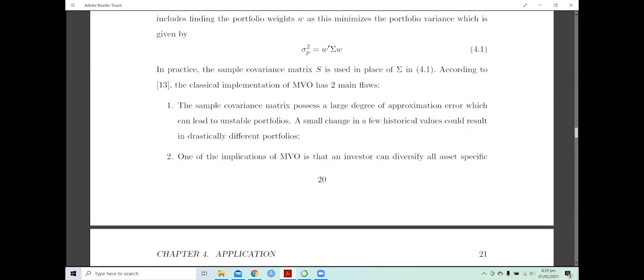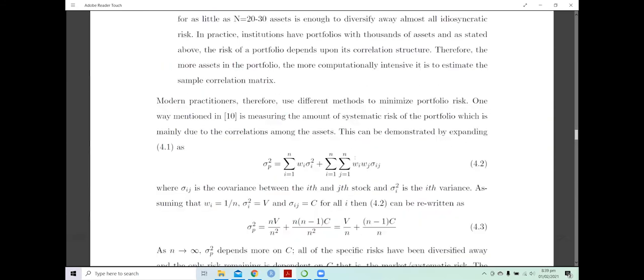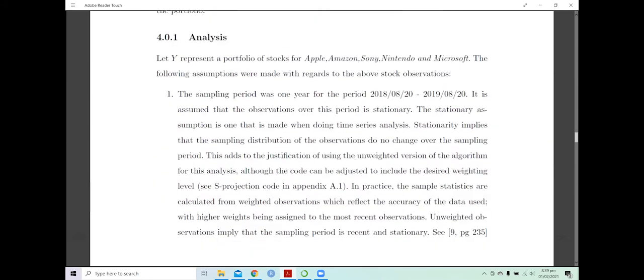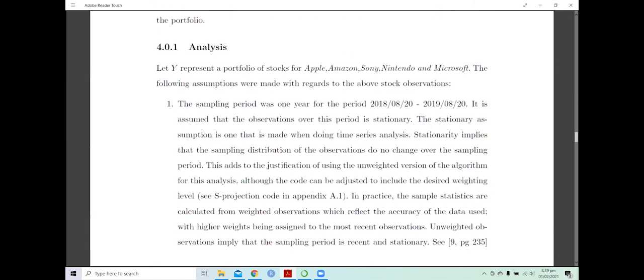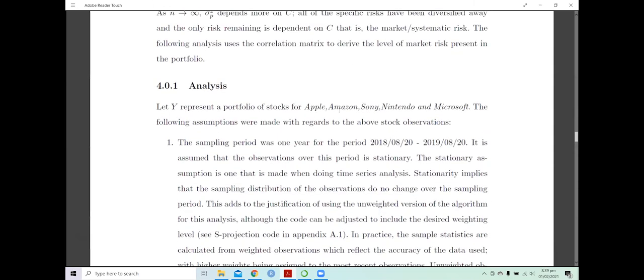So I will skip past this, but I want to show you basically how the idea of a broken matrix comes about in financial applications. So let's say we have a matrix of stocks. In this case, I have Apple, Amazon, Sony, Nintendo, Microsoft, all fairly large companies.